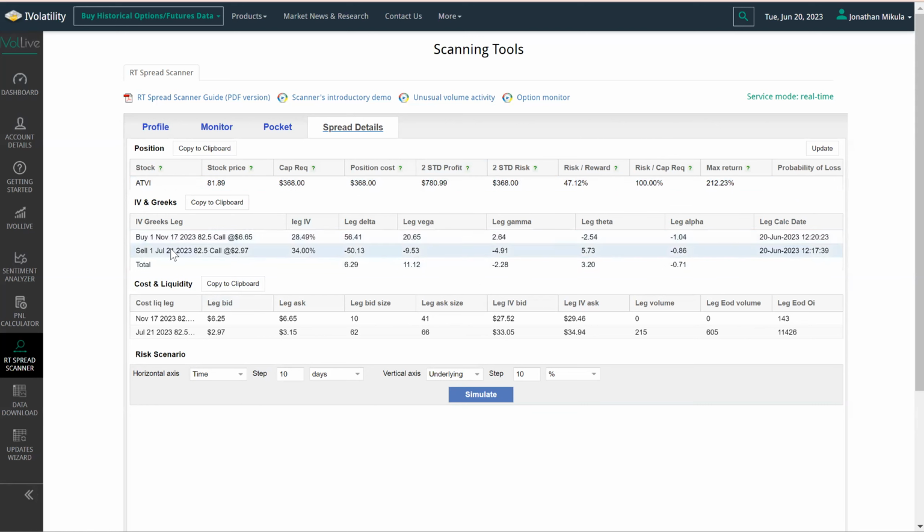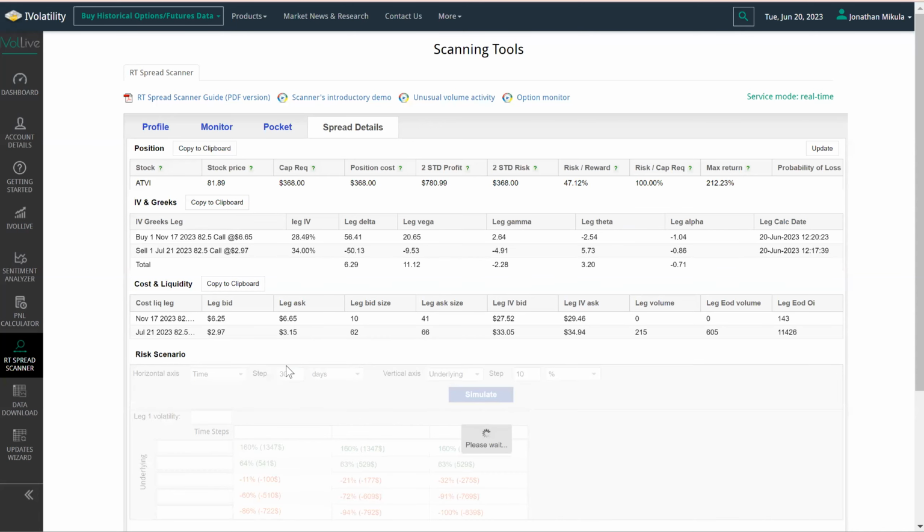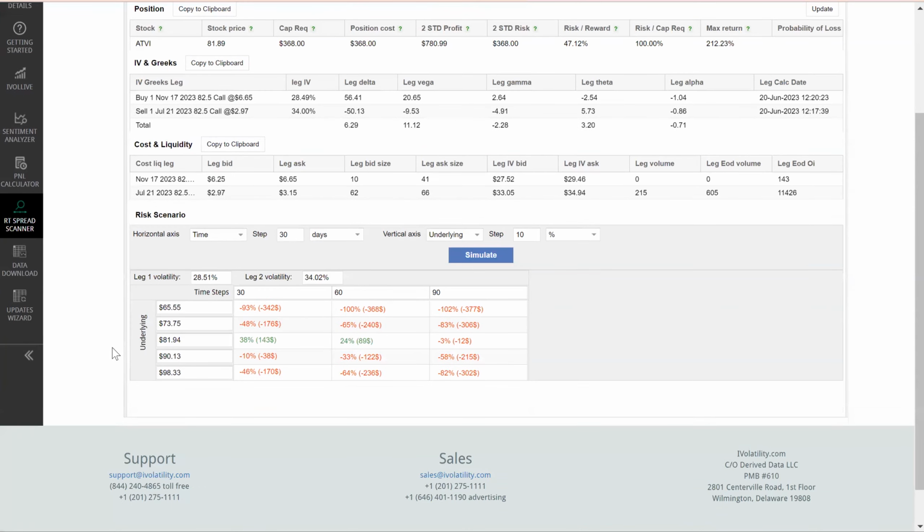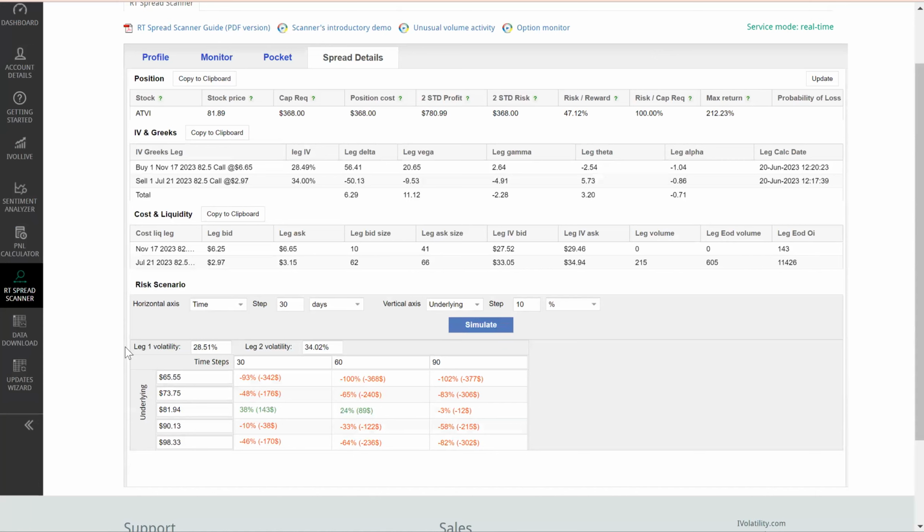So then we could come down here. There's an expiration in July, which is a month from now, and there's November, which is a handful of months from now. So we could say let's look at time in increments of 30 days. And let's look at what happens when Activision moves 10 percentage points at a time. This ideal scenario would be within this time frame if Activision stays right at almost $82 a share.